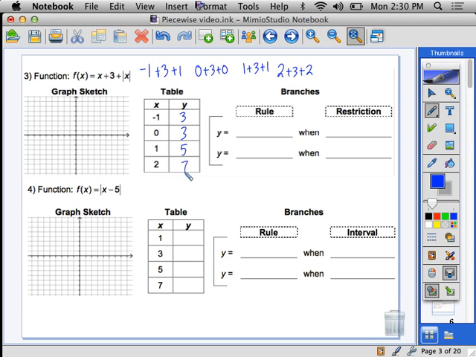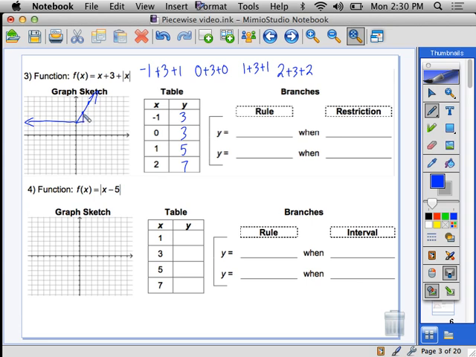So let's graph it. When x is 0, my y is 3, and on the left side it's going to stay 3. And then on the right side, let's see, when x is 1, y is 5. When x is 2, y is 7. So again, my slope, I'm going over 1, up 2.